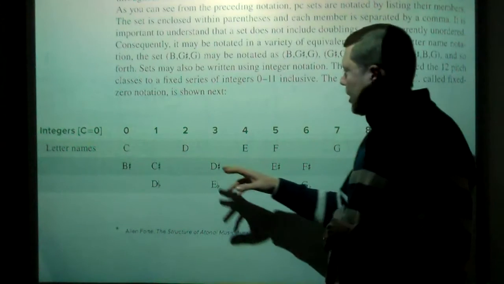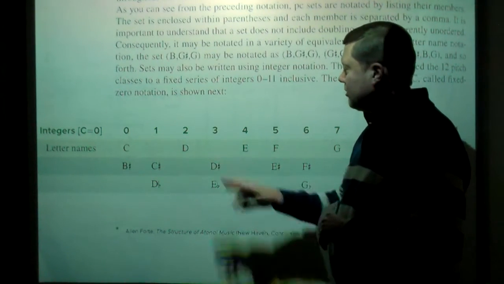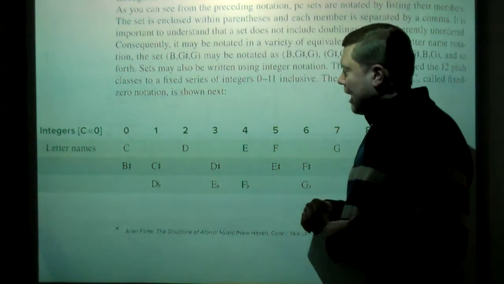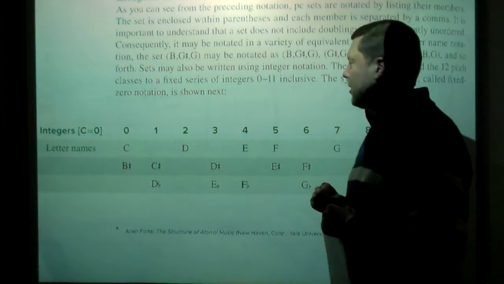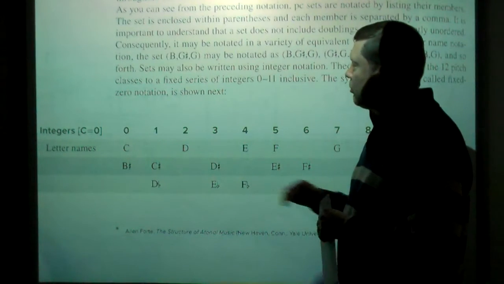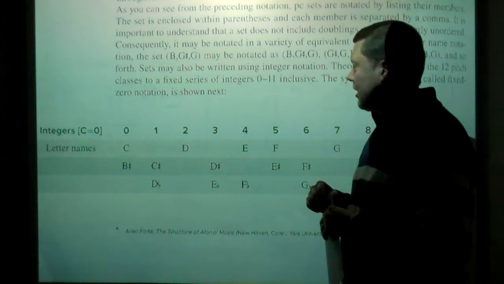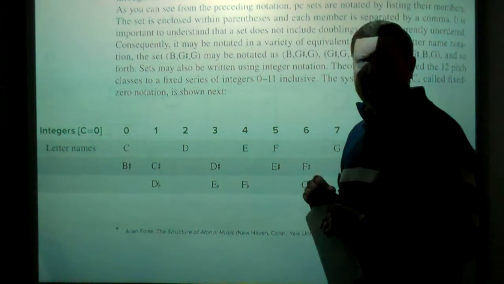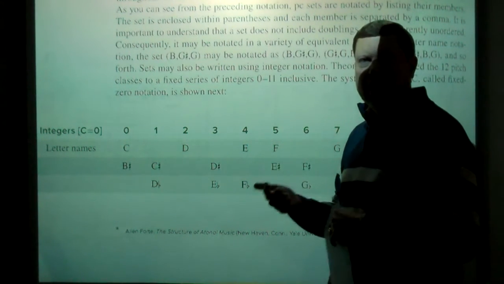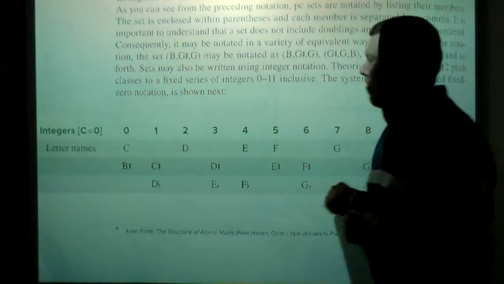And so, for example, we have pitch class 3, which is D sharp or E flat. You could spell it as F double flat, for instance. All of those pitches would be in pitch class 3 because it doesn't matter what octave they're in and it doesn't matter how they are enharmonically spelled. Octave equivalence and enharmonic equivalence holds true.